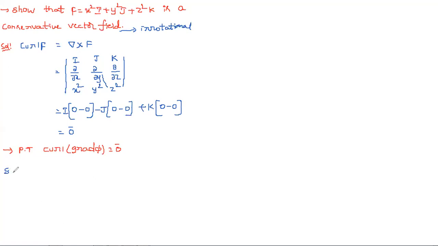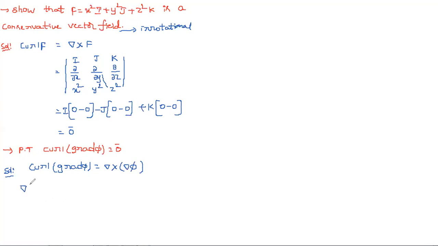So that is nothing but simply what we can write here. Curl of grad phi, this is in word notation, right? And how can you write this in symbolic notation? Del cross del phi, right? So first we need to find del phi.